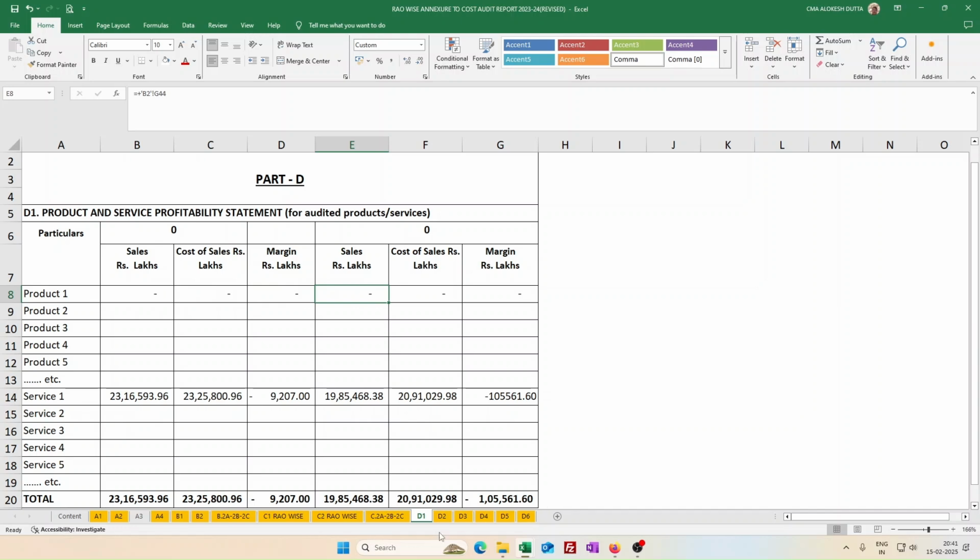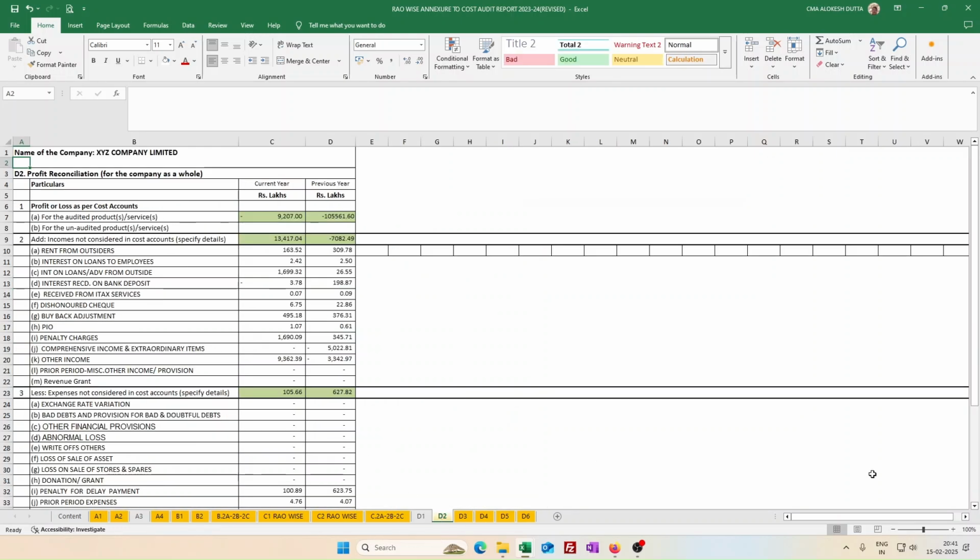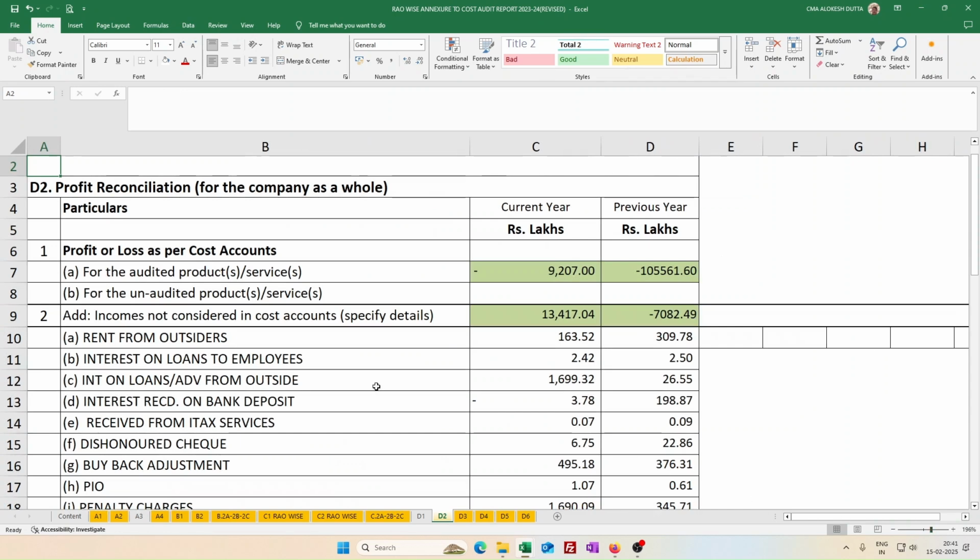Now I am coming to the D2 part. This is the most vital part. D2 means para D part 2. What does it mean? It is a profit reconciliation. That means profit or margin as per cost record, reconciliation with the audited profit and loss account.